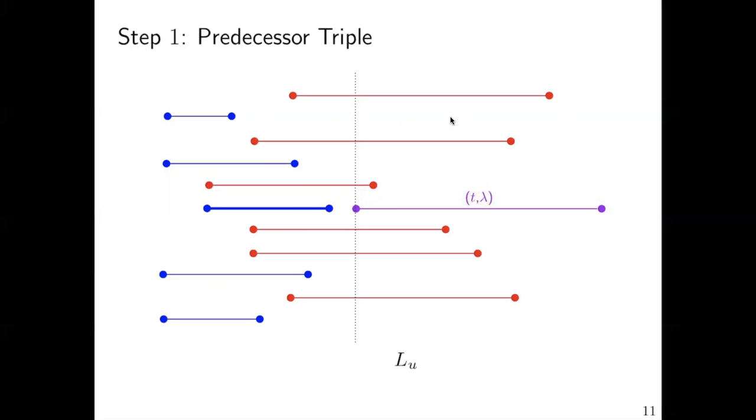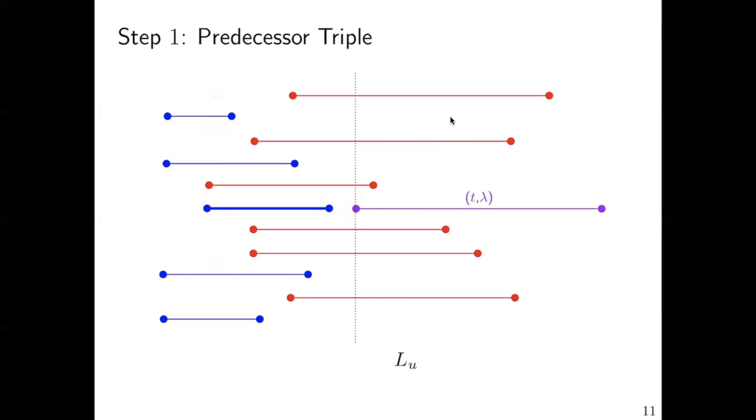If we want to extend certain journeys available in Lu using this new edge, then among all these journeys, there are a few shown in red color which cannot be extended because their arrival time is greater than the departure time of the current edge. Whereas there are a few more journeys, shown in blue color, which can be extended. Among all such journeys, the one whose arrival time is maximum is referred to as the predecessor triple.